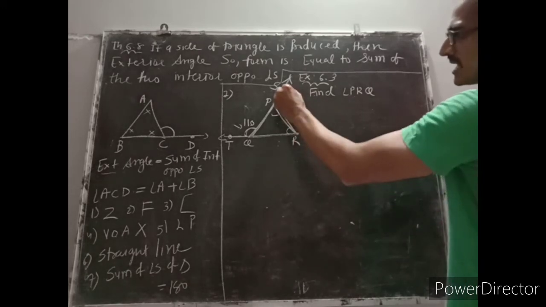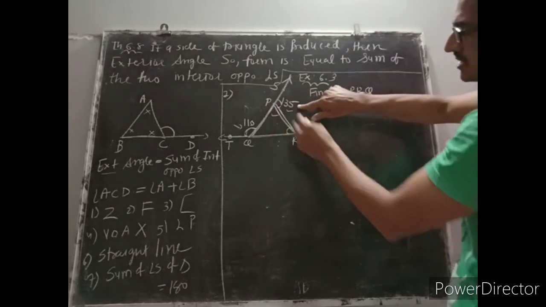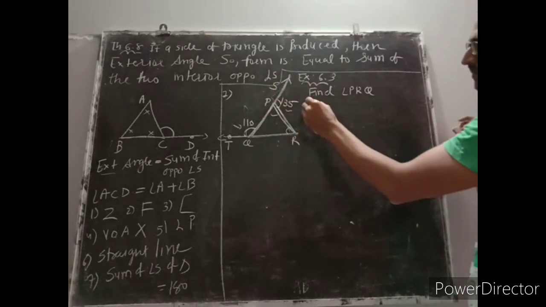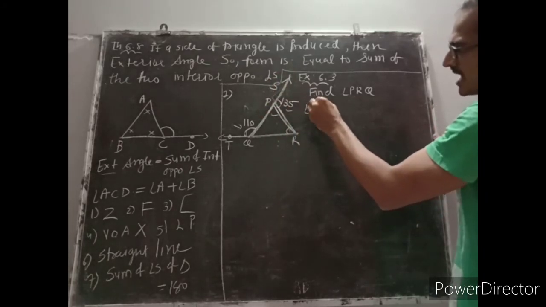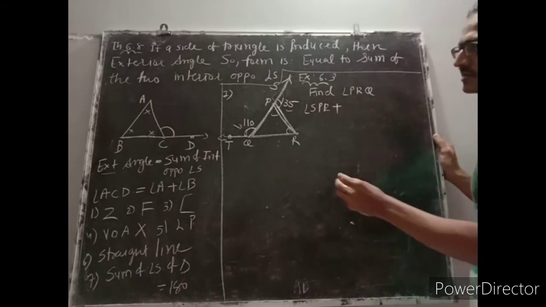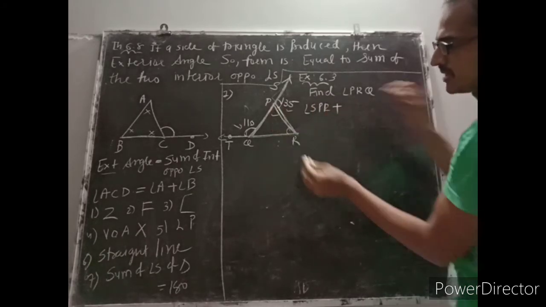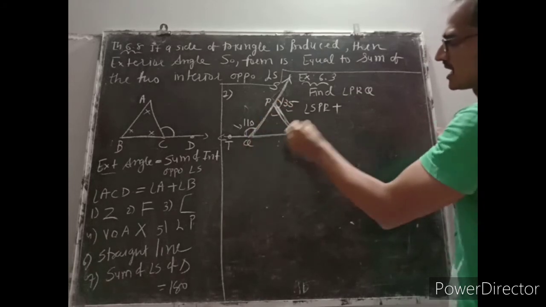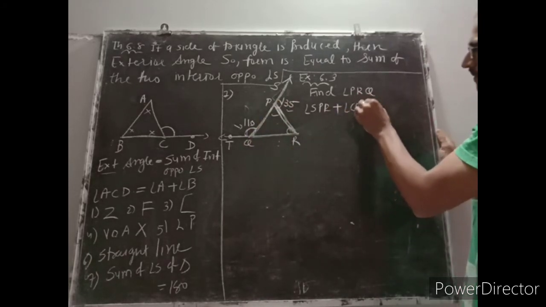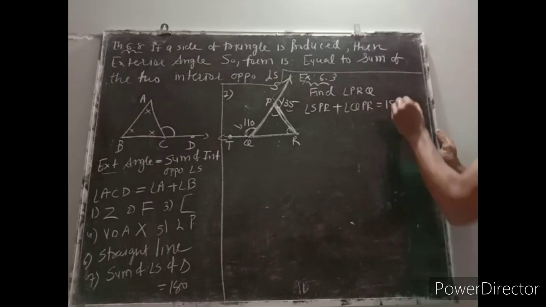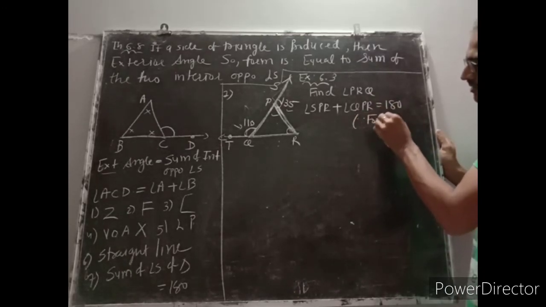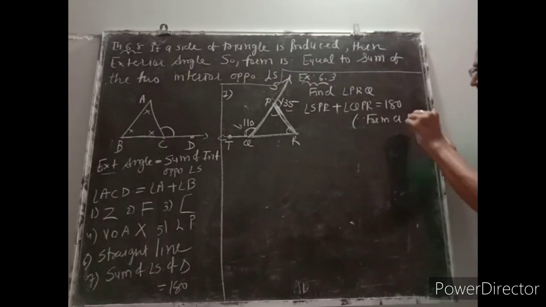So the name of this angle formed at P is SPR, angle SPR plus this angle formed at P, this will be the angle QPR, 180 degree, reason: form a linear pair.